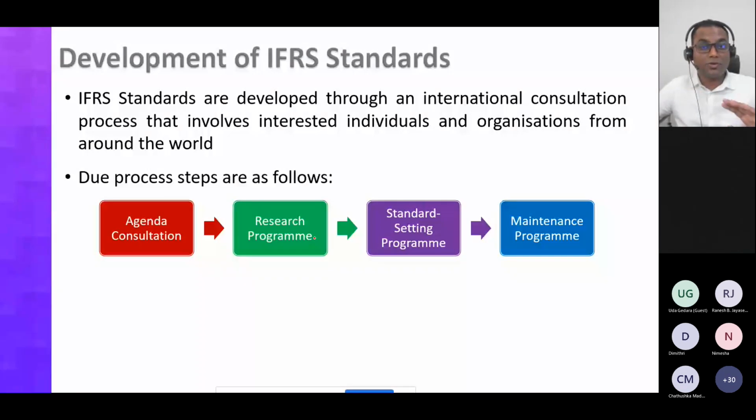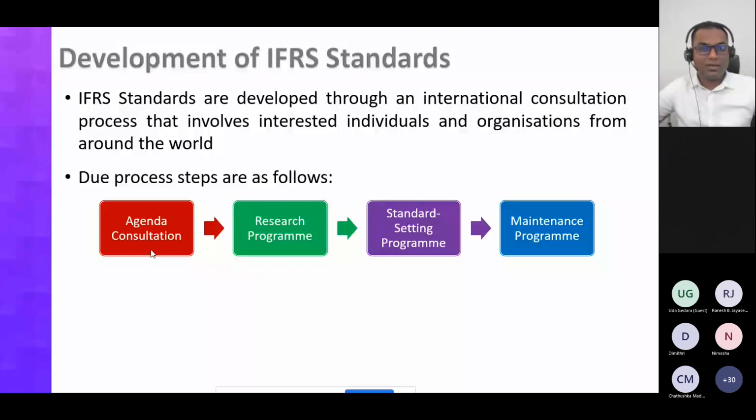Again, I'm not going to go through each of these steps in detail. Very briefly, first of all, they do the agenda consultation. Agenda consultation means that every 5 years, they do a review consultation and finalize the project work plan for the next 5 years, which areas we are going to look at.